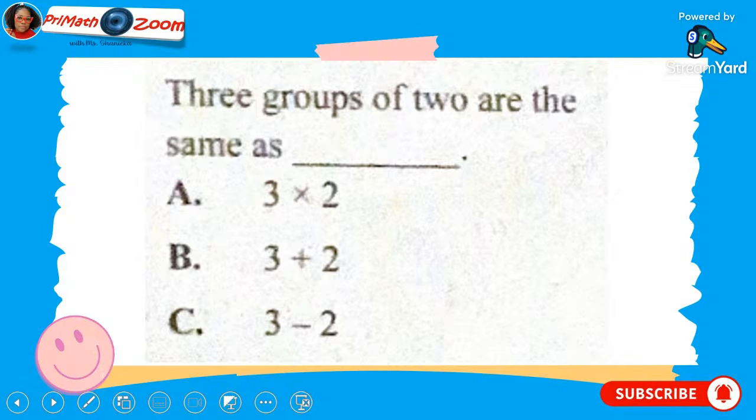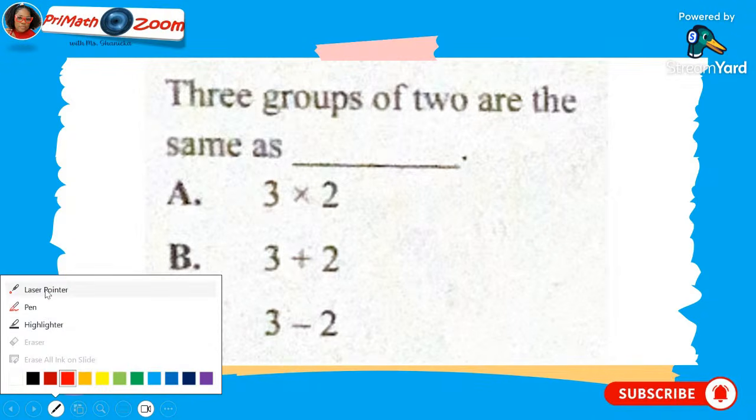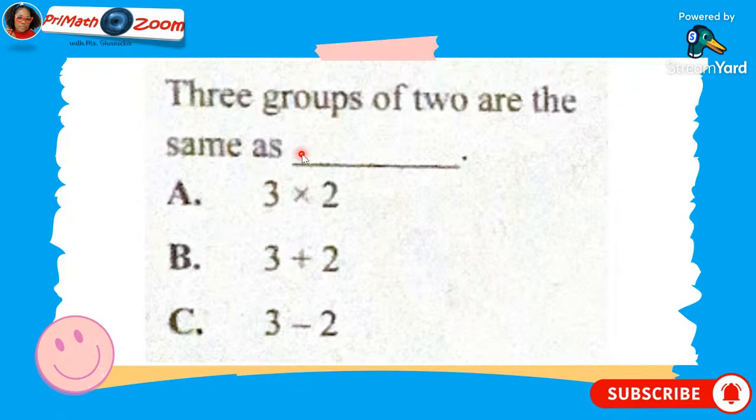The next question says 3 groups of 2 are the same as, is it A, 3 times 2, B, 3 plus 2, or C, 3 minus 2? Write your answer in the chat. 3 groups of 2 is the same as what? K Black said 3 times 2.